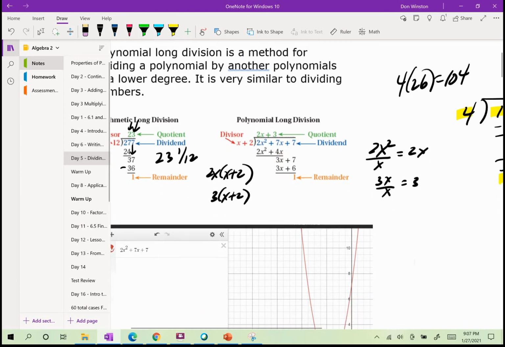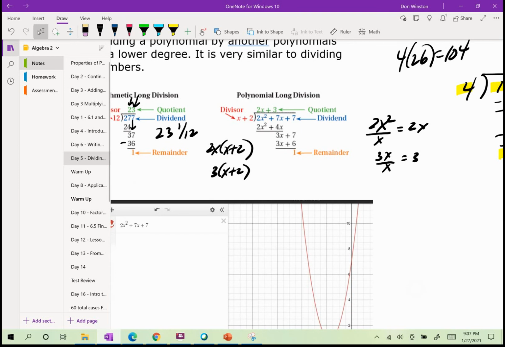My divisor was x plus 2. If x plus 2 had been a factor of 2x squared plus 7x plus 7, we would have gotten a remainder of 0. Or in other words, the 0 for x plus 2 would be equal to negative 2.